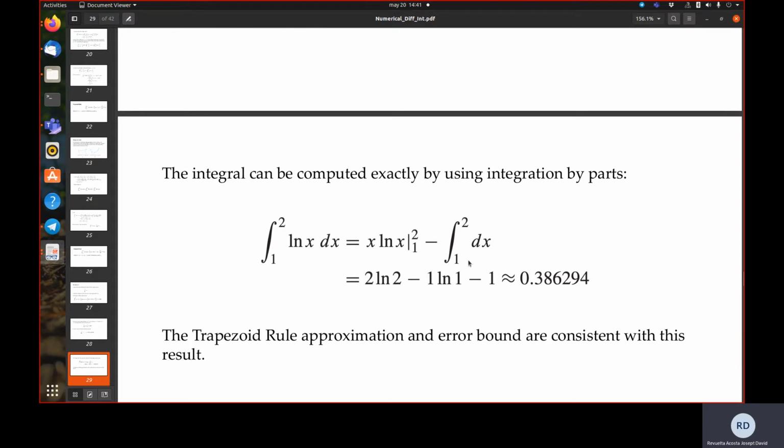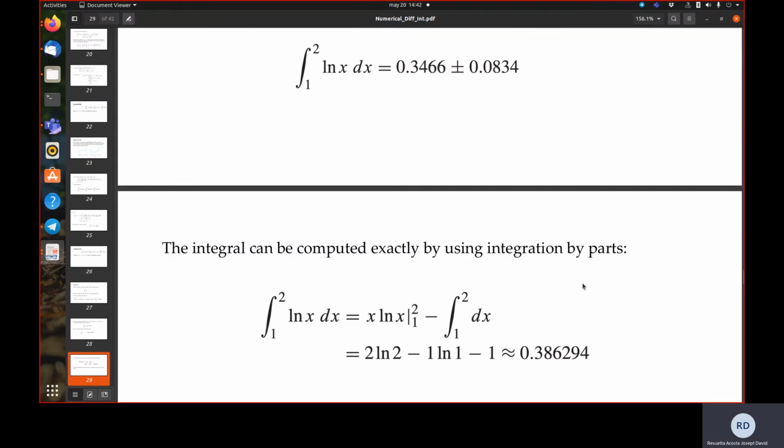So if we evaluate the limits, it's equal to 2, which is the value of x, and the upper limit log of 2, minus 1 log of 1 minus 1, which is the integration of this one, because this has no limit. And then this is going to be equal to 0.386294.